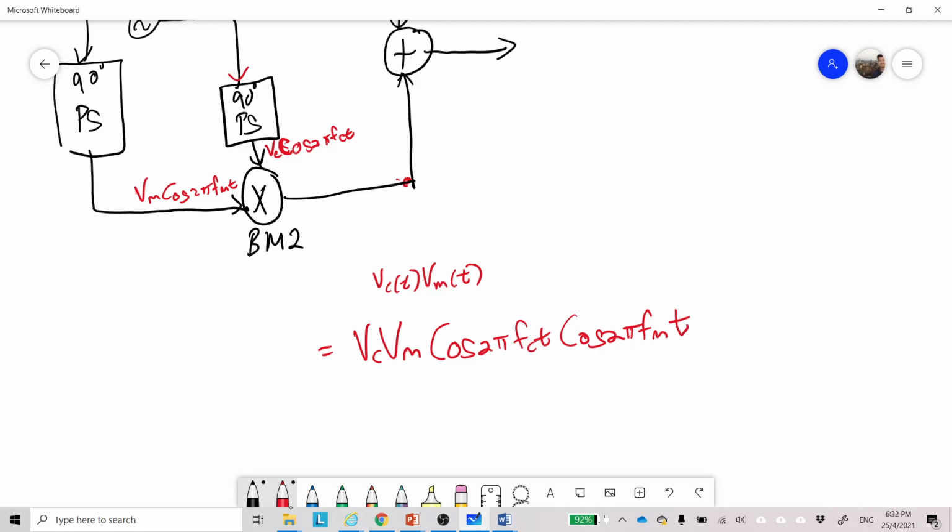So cos and cos, according to trigonometry identity, will produce cos plus cos.